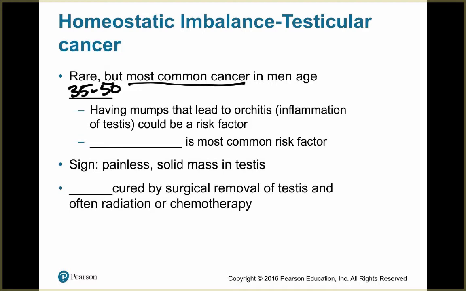Cryptorchidism is the most common risk factor on the descent. Signs of this are basically painless and solid masses in the testes.